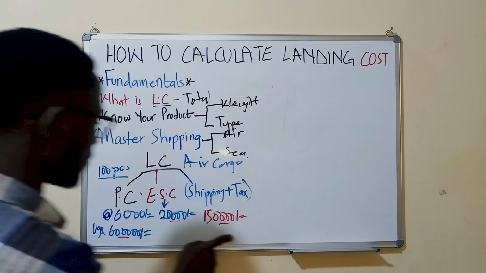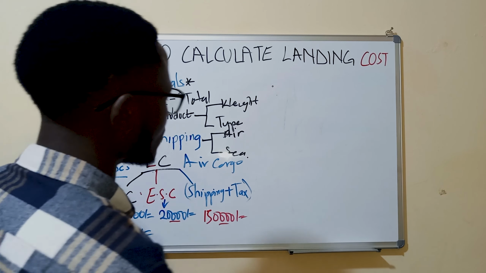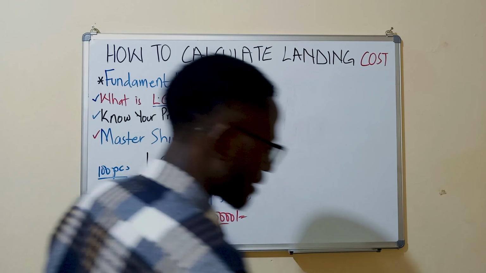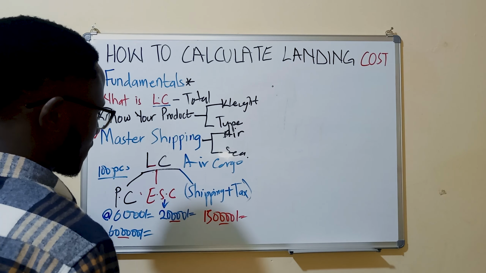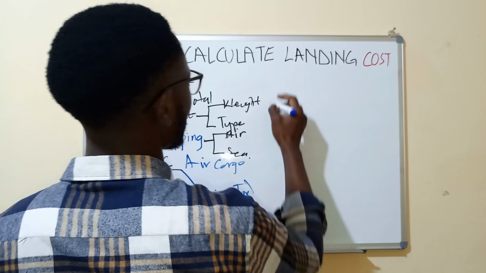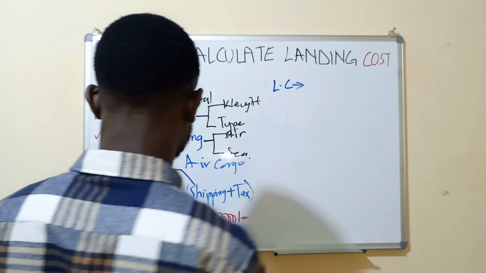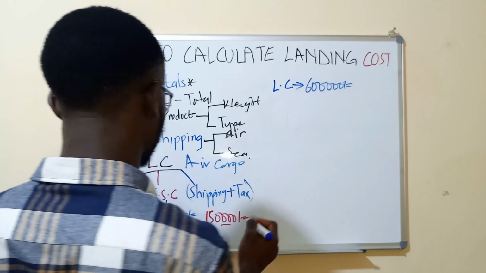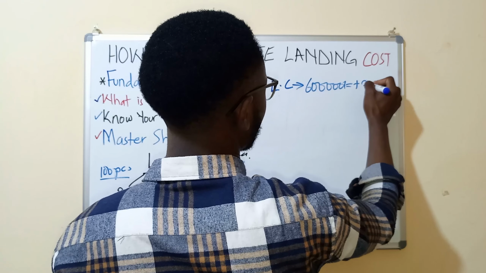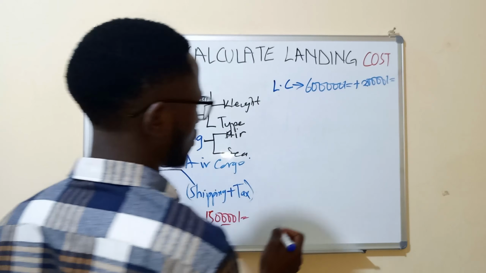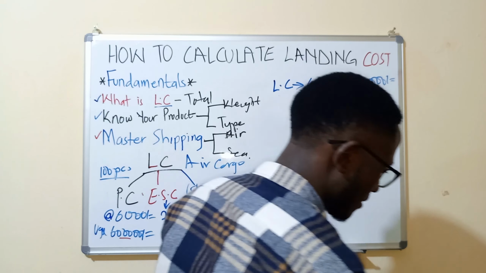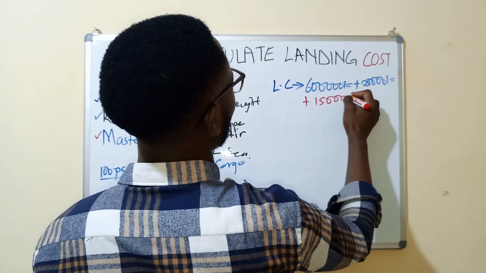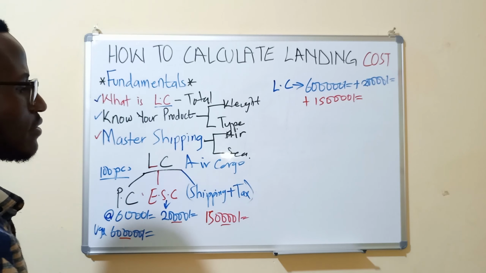But we shall leave this, it's just for your own understanding, and use only these prices here. So let's assume you're within Kampala and you've gone to pick your products. We want to find our total cost, adding up all this as we said earlier. The landing cost equals the product cost of 600 plus the 20K express shipping fee, plus the 150, which went into taxes and the shipping fee.